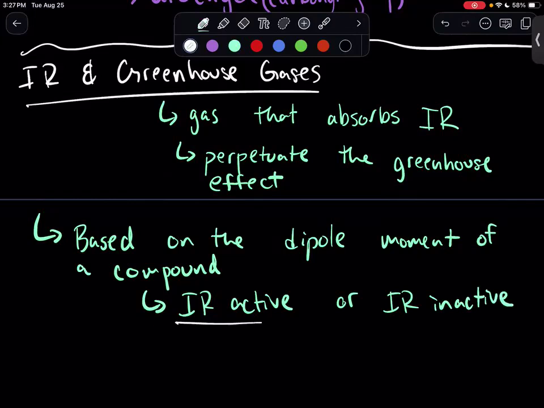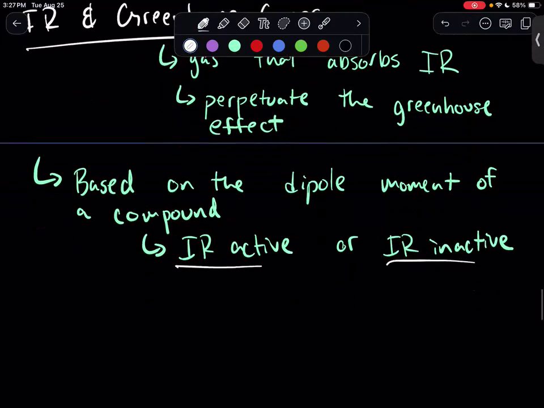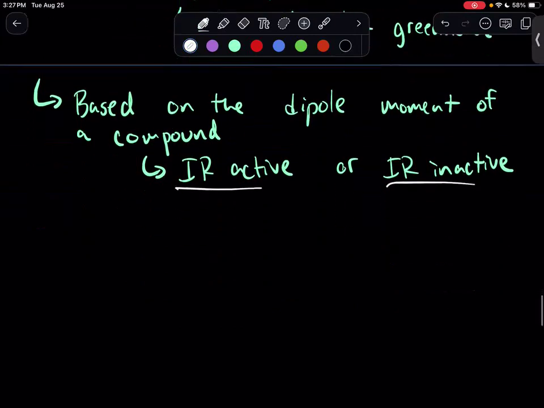IR active meaning that it will absorb infrared, and IR inactive meaning it won't absorb infrared. So we can see multiple compounds can be IR active or IR inactive, and this is where we come back to those modes of vibration.